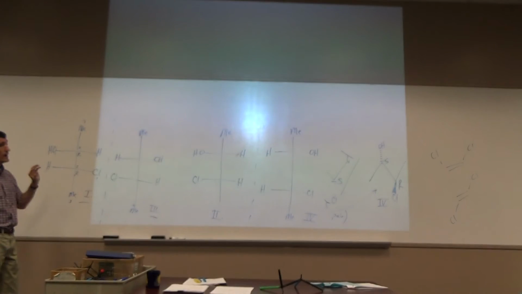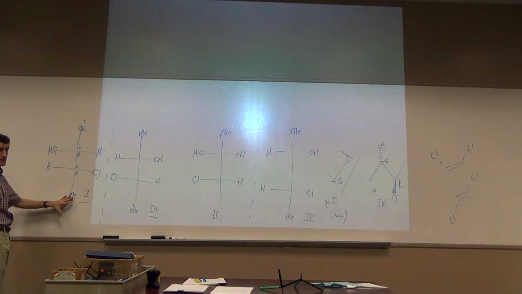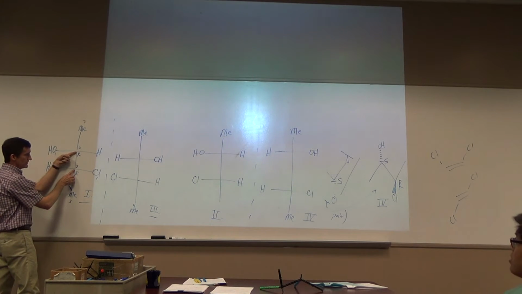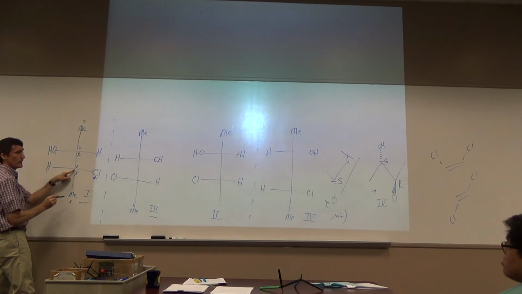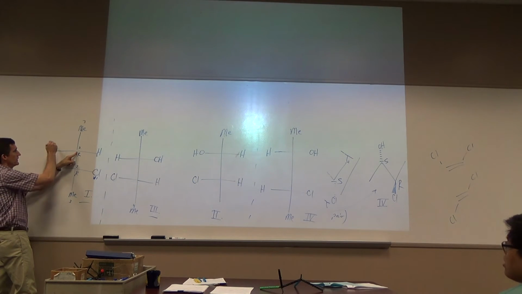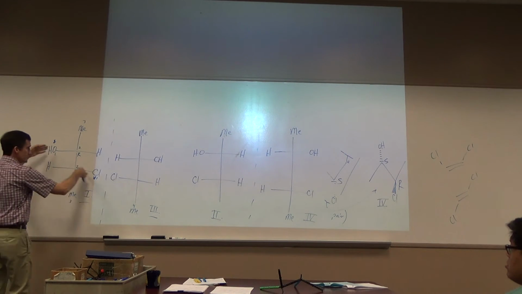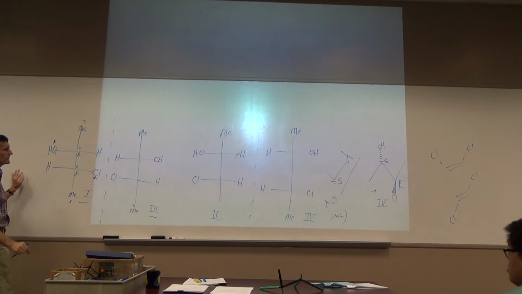This is it. The convention is to look at it in the Fisher projection and then say, are your high priority groups on each carbon? By the way, what's the high priority group here? Chlorine. What's the high priority group on this carbon? OH. In the Fisher projection, if your high priority groups are on opposite sides, trans doesn't work.